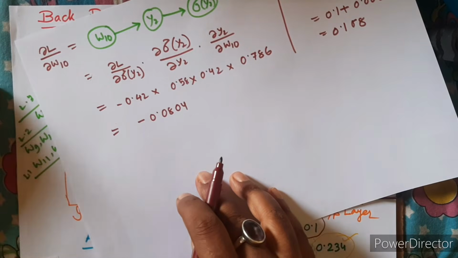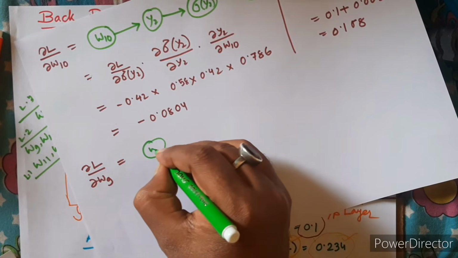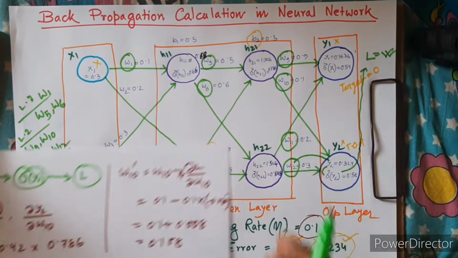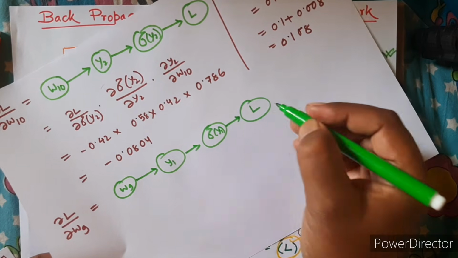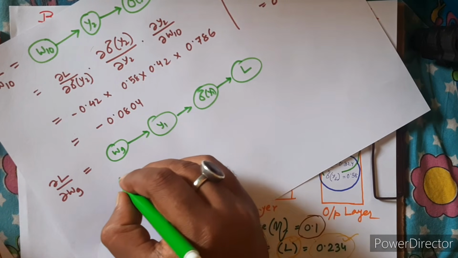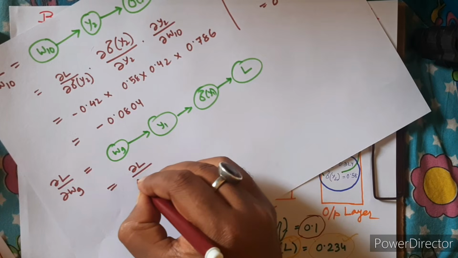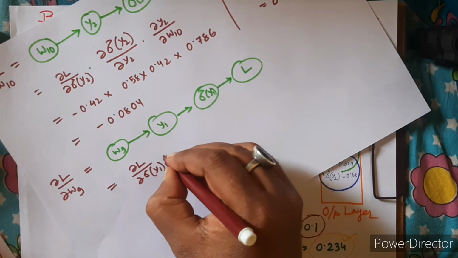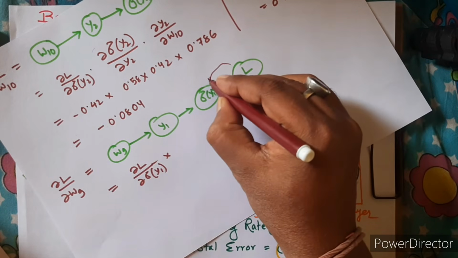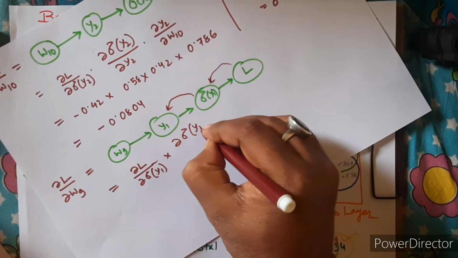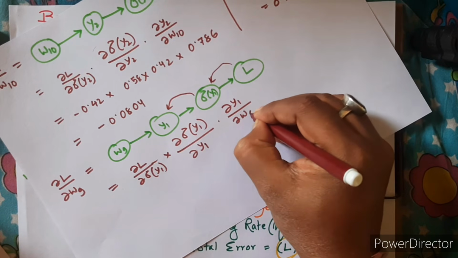Now next we'll calculate for W9. Applying the chain rule, the derivative of error with respect to sigma of Y1, into the derivative of sigma of Y1 with respect to Y1, then the derivative of Y1 with respect to W9.